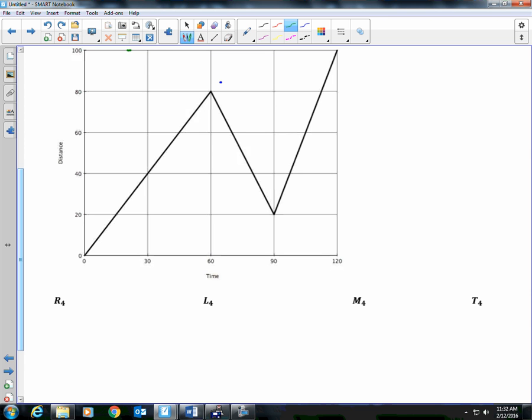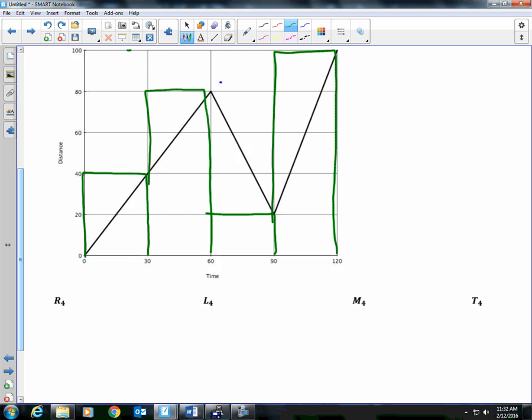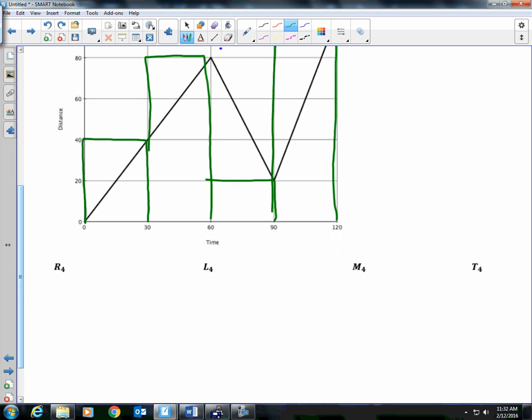So I will draw the rectangles here. 30, 60, 90, 120. So we have 4 times the sum of what's the height evaluated at 30? 40.